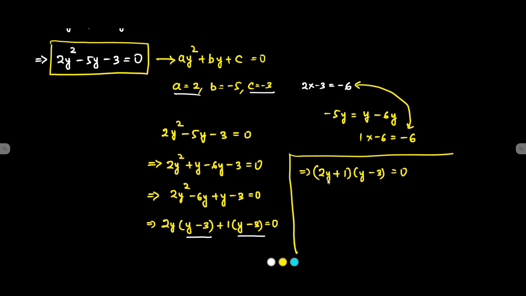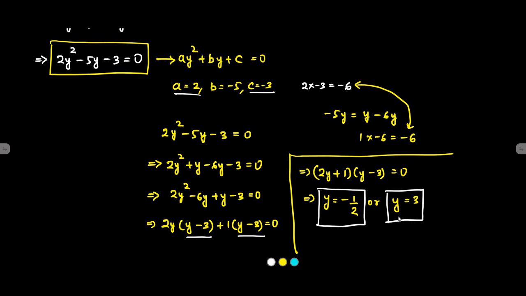So equating either of them with 0, we get y equal to minus 1 by 2 or y equal to 3. But here we don't have to find the value of y, we have to find the value of x.